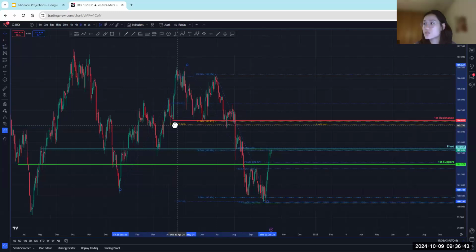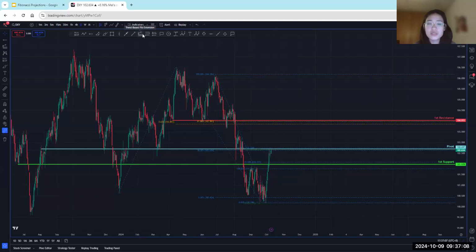Okay, my 61.8 lines up with our first resistance. So I'm just going to keep that. Okay, so with Fibonacci projections, we use this tool.